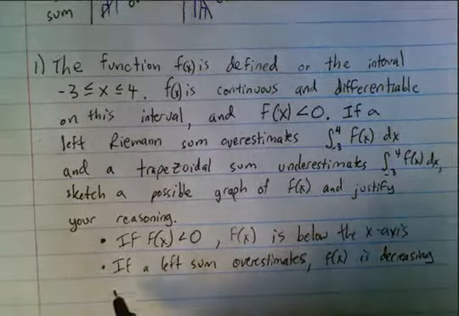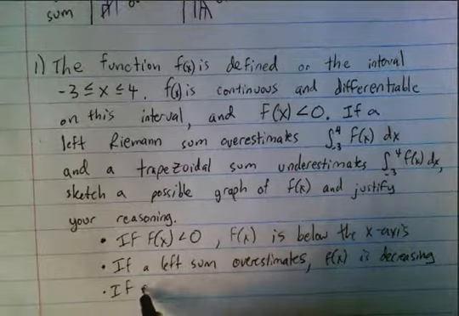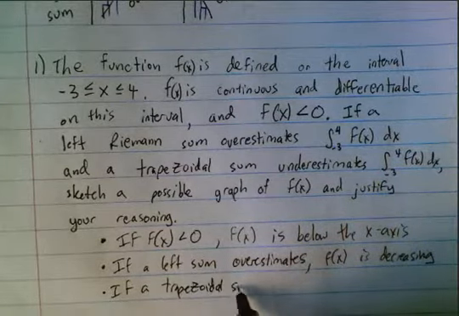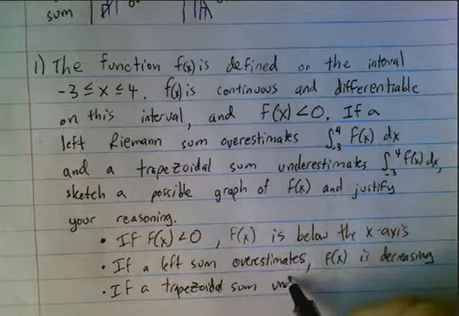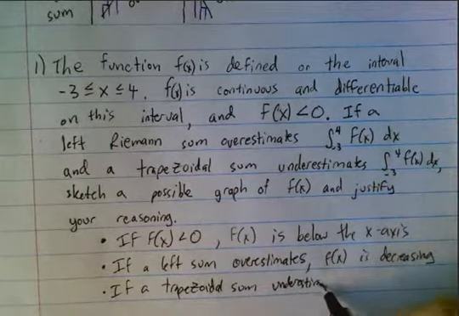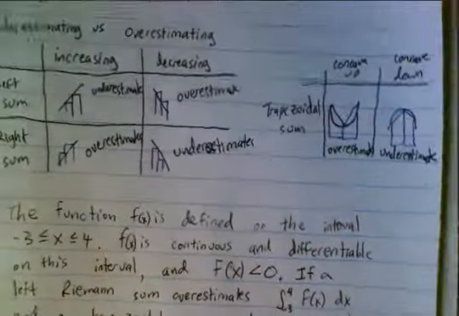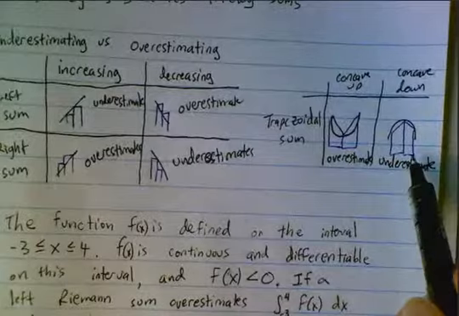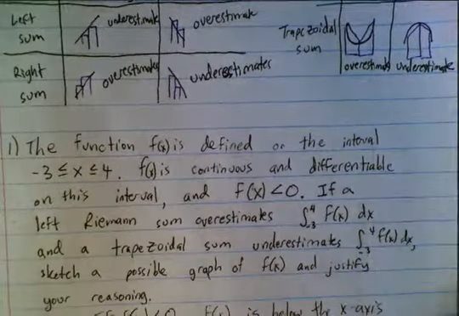And if we're told a trapezoidal sum underestimates, f of x must be concave down.